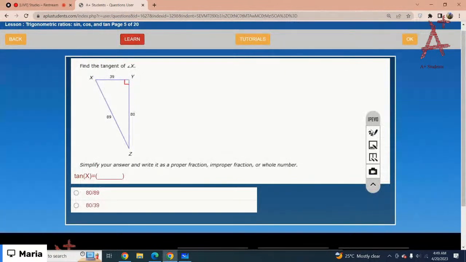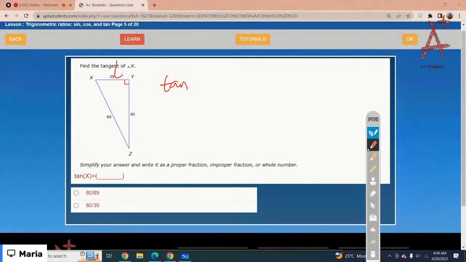Tan of angle X is opposite divided by adjacent. The opposite from X is 80 and the adjacent is 39. So it would be 80 over 39. The correct option is 80 over 39. So option number 1 is the correct option.